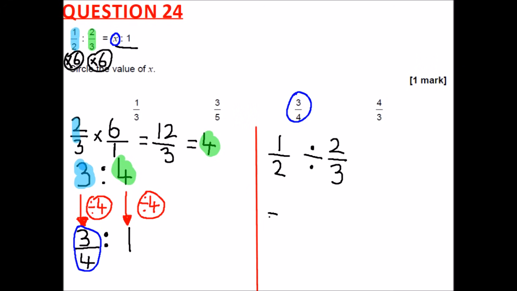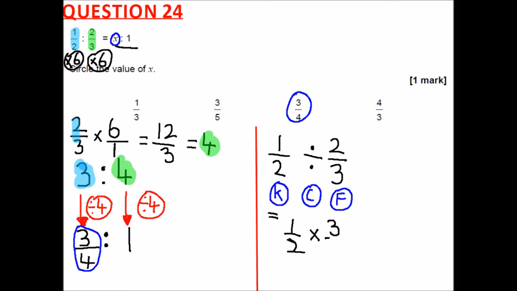Now with division of one fraction by another, what we need to do is we keep the first fraction, we change the sign, and we flip the last one on its head. So we keep a half as a half, we change the divide sign to a multiply, opposite of divide is multiply, and we flip 2/3 on its head.